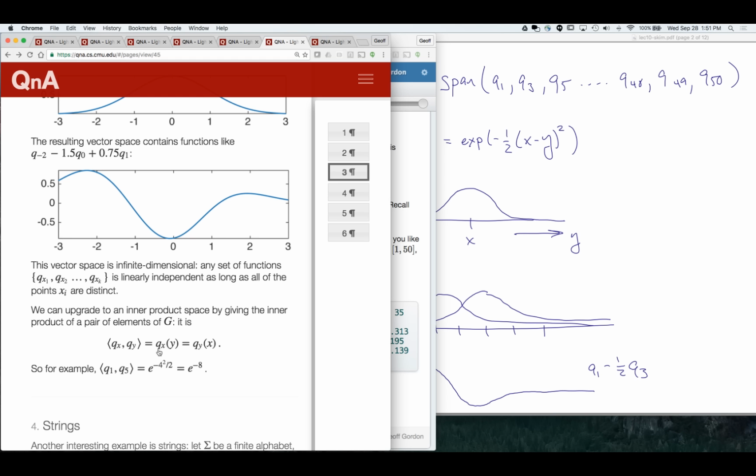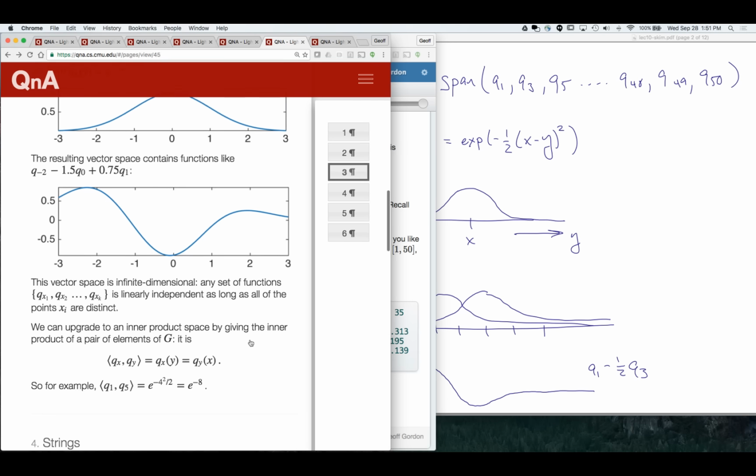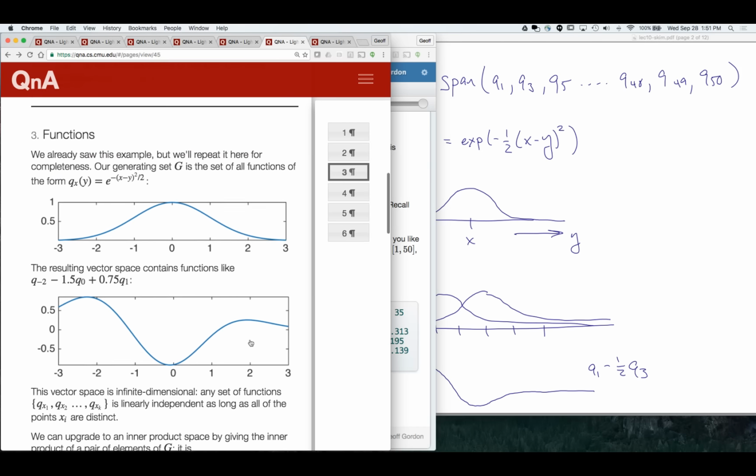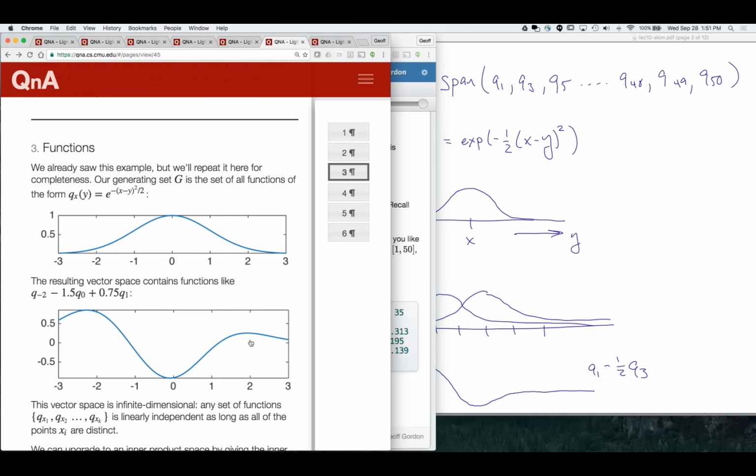But here in this example, we're defining the inner product between a pair of basis elements to be that the inner product of qx and qy is what you get when you evaluate the function qx at the point y, which, because the function is symmetric around x, is the same as evaluating qy at x. Right? So if people are confused about this example, please ask questions about it.